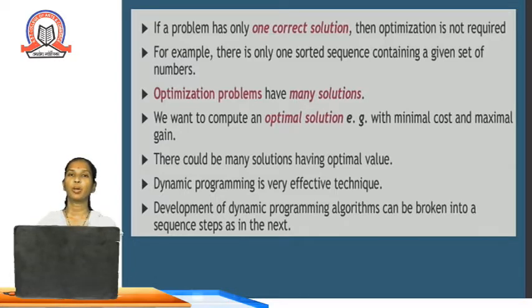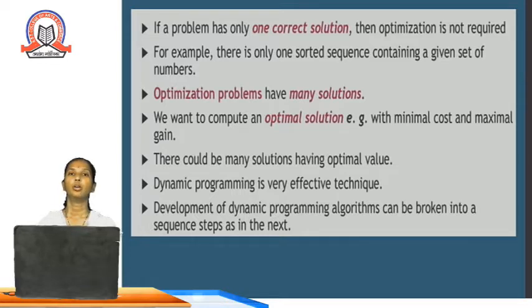If a problem has only one correct solution, then optimization is not required, for example, if there is only a single sorted sequence from a given set of numbers. Optimization problems have many solutions. We want to compute an optimal solution, for example, with minimal cost and maximal gain.